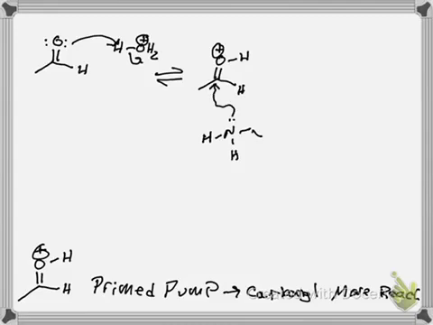Ethylamine does the nucleophilic attack at the carbonyl carbon, opening up the carbon-oxygen pi bond, which is in equilibrium, and gives us this.